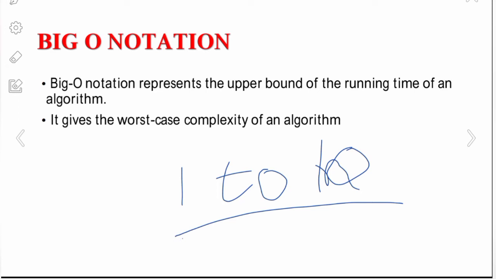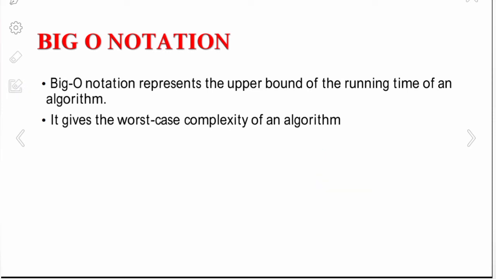Then what is the worst time taken by the algorithm? That is 10 milliseconds only, because it is the worst case, the utmost time it can take to run. Similarly, the big O notation means the worst time taken by the algorithm to execute, the upper bound, or the utmost time taken to run the algorithm.